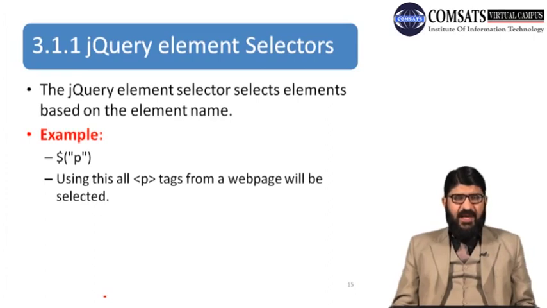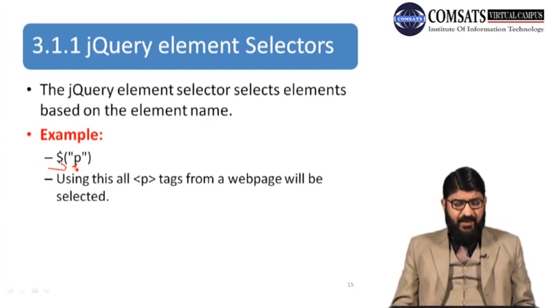Then the jQuery element selector. The element selector selects a particular HTML element based on the element name, element ID, and class name similarly. Let's see how. The $ sign is mentioned, and after the $ sign, the p, which is an HTML element, is mentioned.